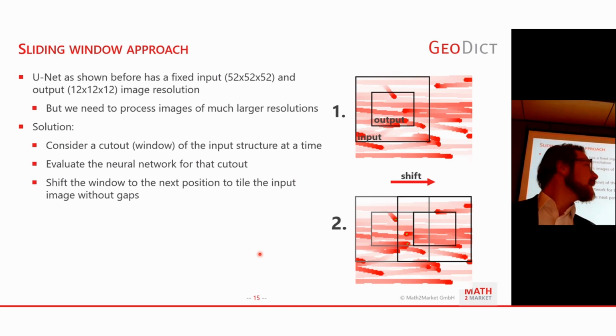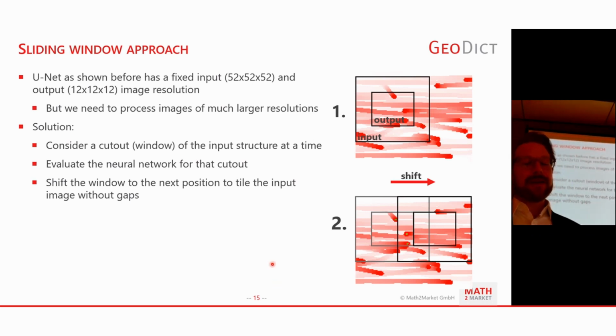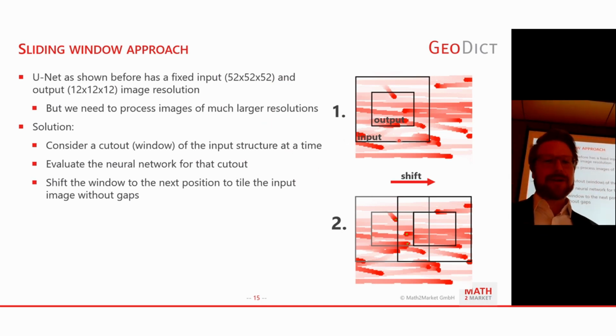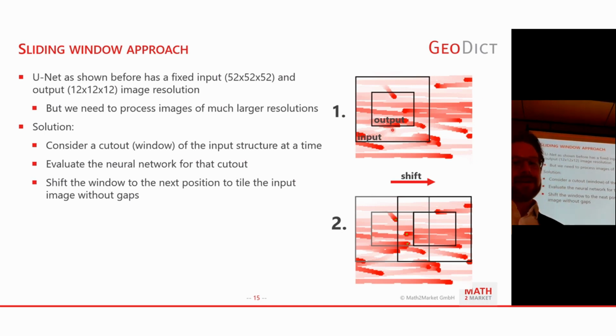So again, as I mentioned earlier, we still have the problem that the UNet takes a fixed size input, and not only are our typical inputs much larger than this, but they also vary in size. So what we do to process these large images, and this is of course part of the original UNet formulation, is we use a sliding window approach.